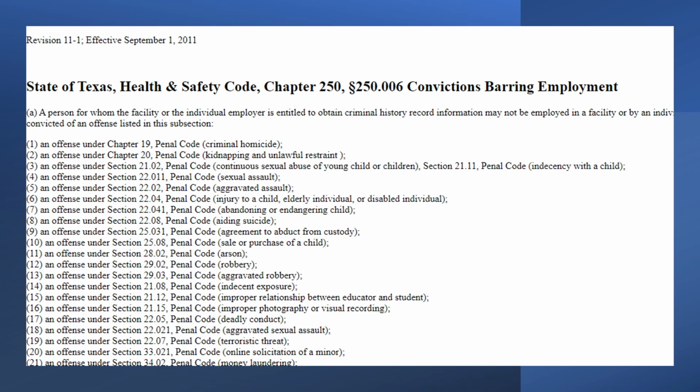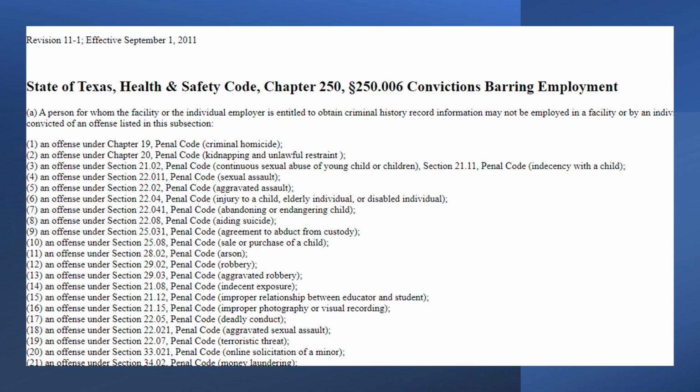If they have a conviction under Penal Code Chapter 19, criminal homicide, an offense under Chapter 20, kidnapping and unlawful restraint, or an offense under Section 21.02, continuous sexual abuse of young child or children. It goes on and on: aggravated assault, injury to a child, and it tells you which penal code it's under.